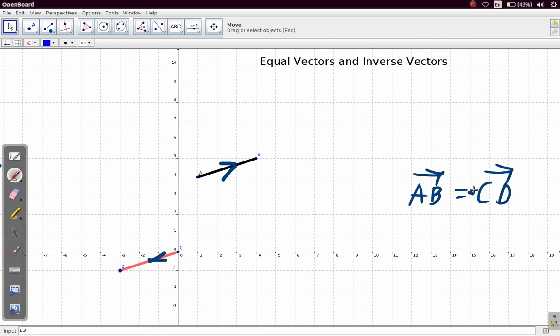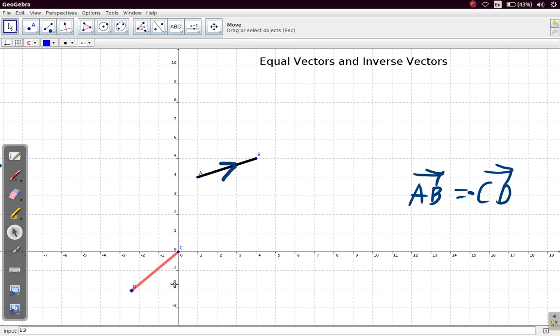So, you see, inverse vectors have the same magnitude but opposite direction. Alright? Opposite direction. Now notice that if I should do this, same magnitude, but guess what? They are not in opposite direction anymore.